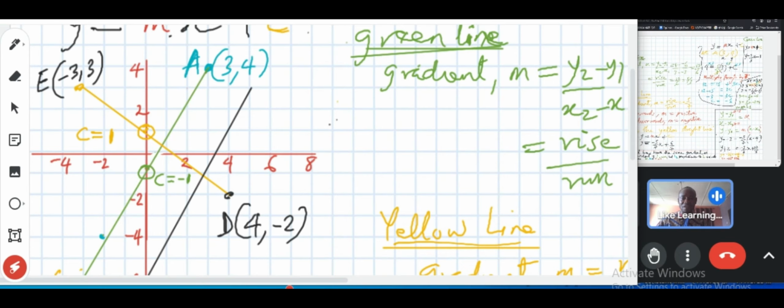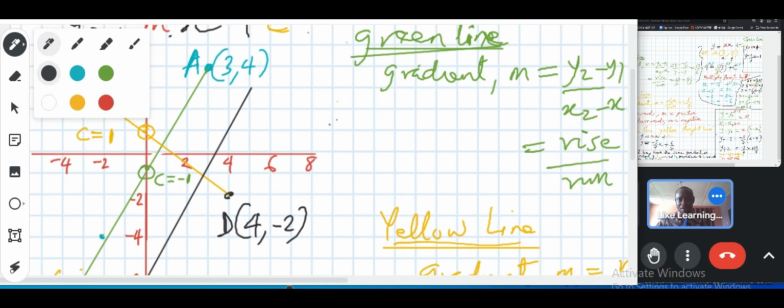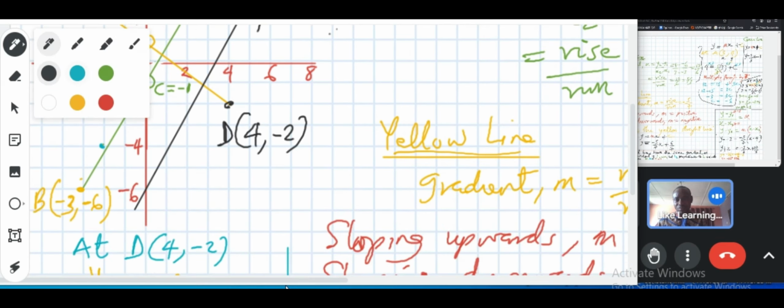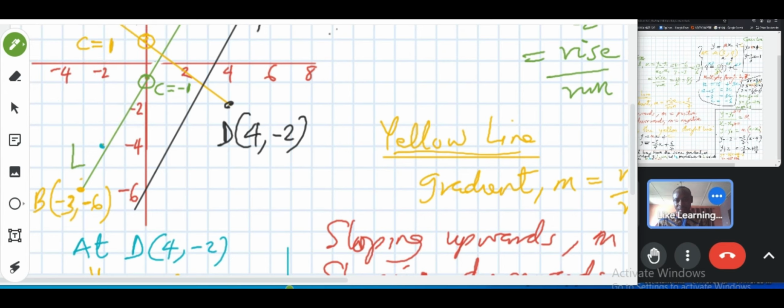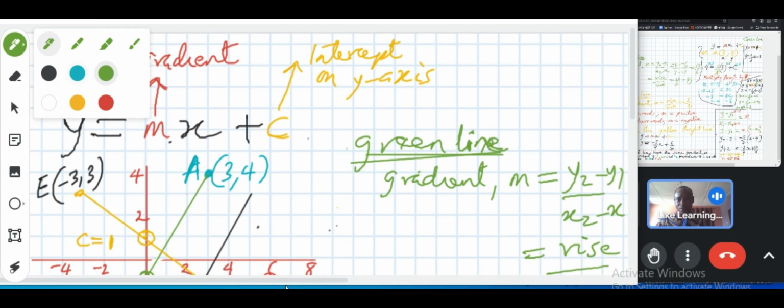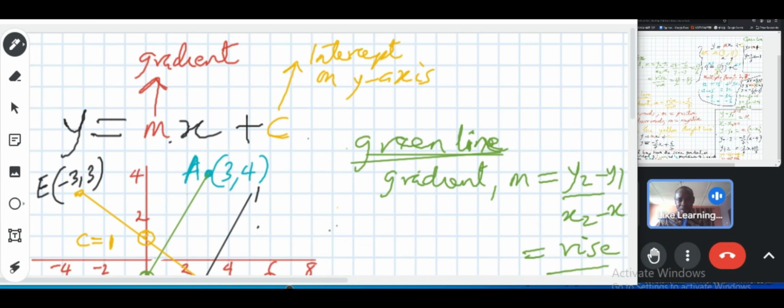So if that is the case, we can easily get the equation of the black line. By the way, this green line is what I called L1. I'm going to call this black line L3, because I want to call something else L2.